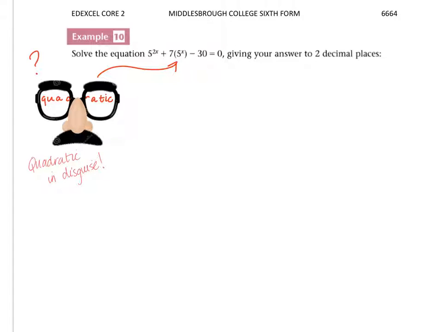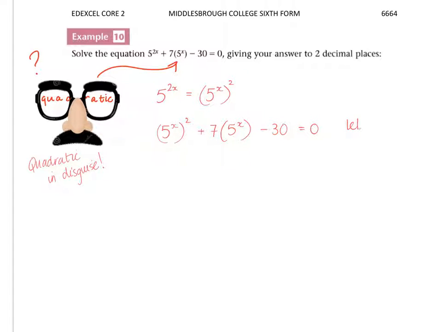Now, how is it a quadratic in disguise? Because if we look at the 5 to the 2x and the 5 to the x, there's a relationship between two of those that can convert this into a quadratic, and this is how it works. We could write 5 to the 2x using our laws of indices as 5 to the x all squared. If that's the case, we get 5 to the x all squared plus 7 times 5 to the x minus 30 equals 0.